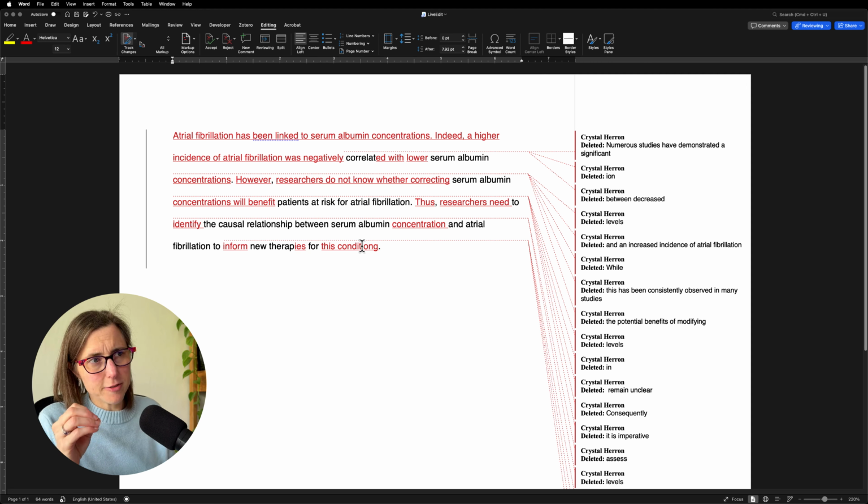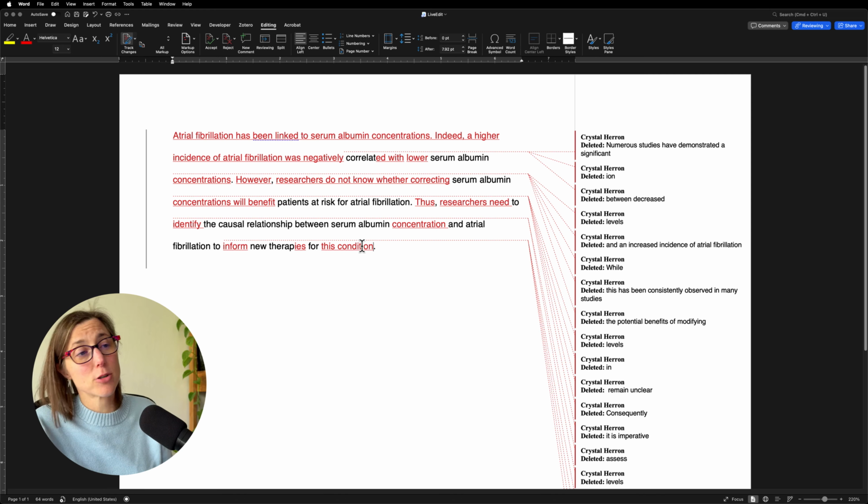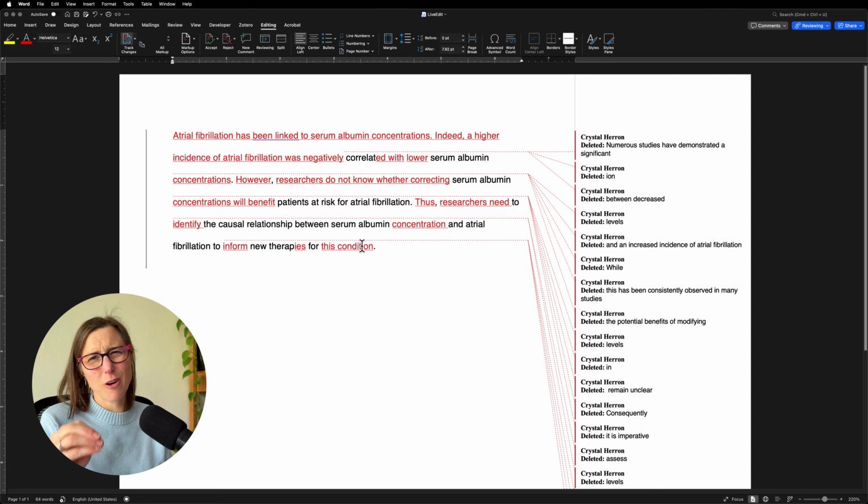I'm not often a fan of using different terms. I'm all about mixing up the verbs, but using similar terms is really helpful for readers' understanding. And I have an article on this that I'll also link to in the description box. But in this case, because it's within the same sentence, so that I'm not repeating the same phrasing so close to each other as well, I'm going to go with "this condition." Okay, so this is a first pass.